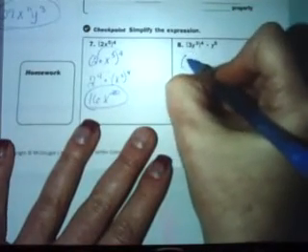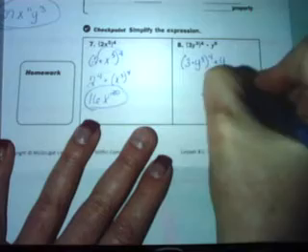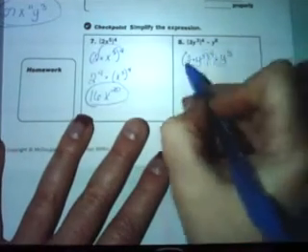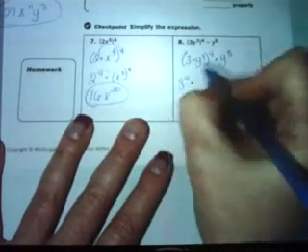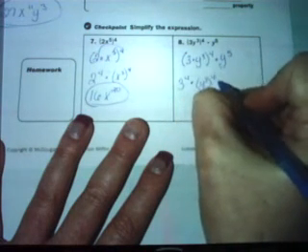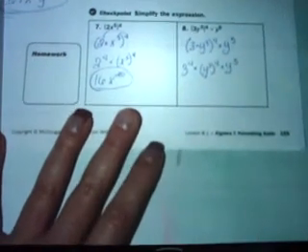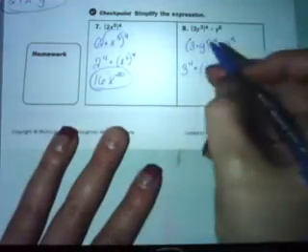Alright, number 8, I have 3 times y cubed to the 4th times y to the 5th. Power of a product, so that's going to become 3 to the 4th times y cubed to the 4th times y 5th. 3 to the 4th gives me 81.